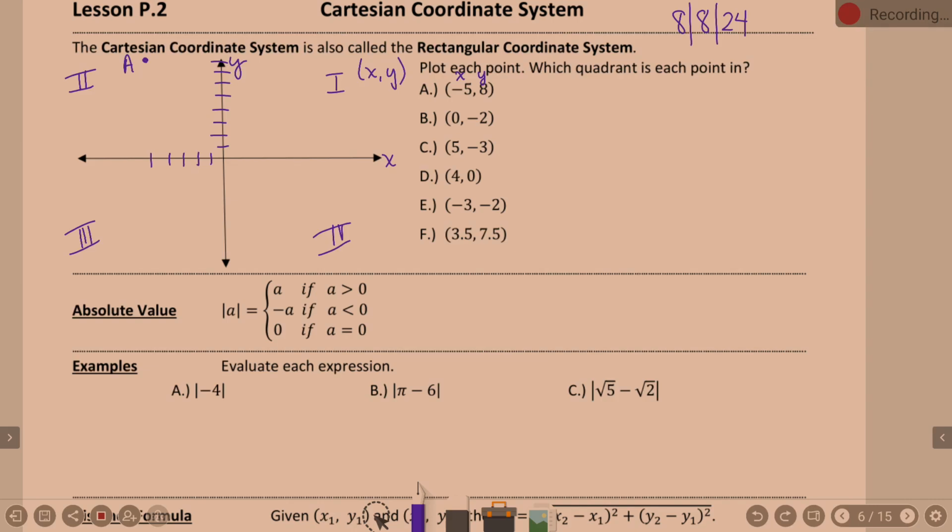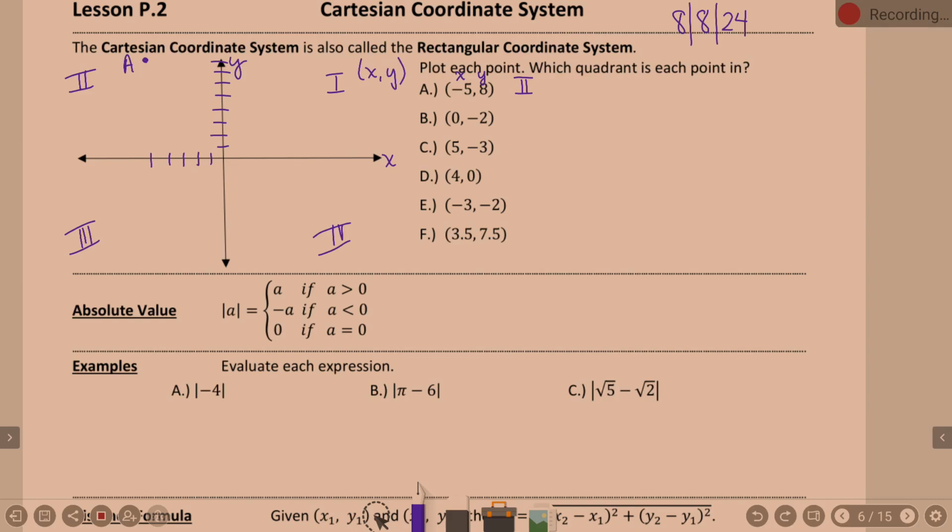Traditionally, quadrants are written with Roman numerals. I'm not saying you have to use them, but that's what you see in math. So negative 5, 8 is in quadrant II. This is all old news, right? Slow me down if I go over something too fast.